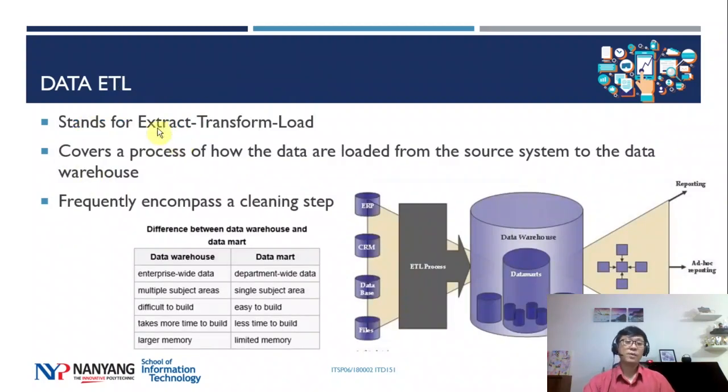So that's where we talk about extract, transform, and load. That's what ETL means, right? You extract from various different systems, like from the ERP, from the customer relationship management system, from various other data sources and files, flat files, relational databases. You find ways to extract them.